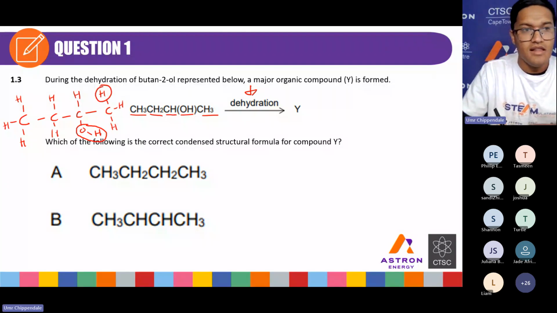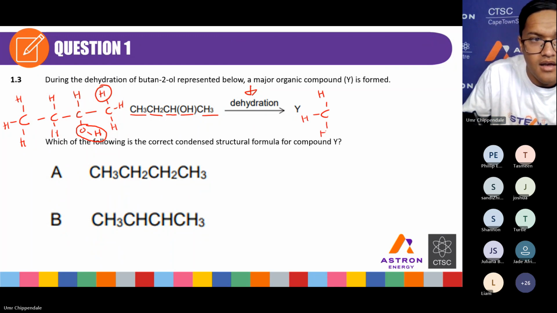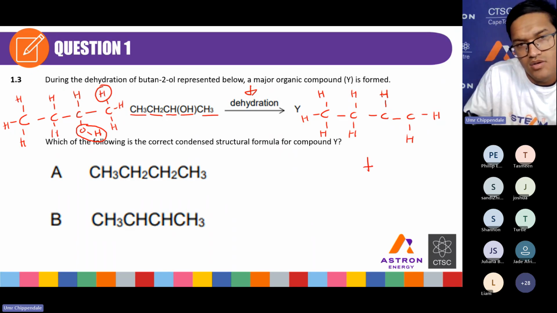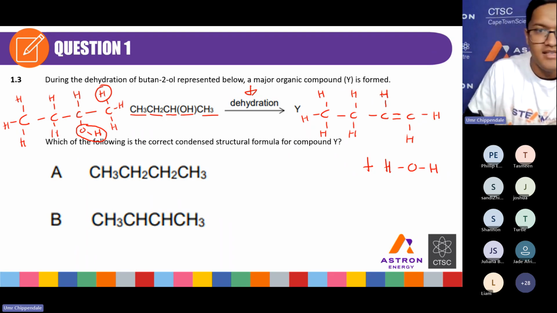I'll write it on the right-hand side, like we had at the start, with our C and its 2 H's, then our C with its H, then this C, that H, that H. I took the water molecule away, so HOH is the other product. Now both of these carbons only have 3 bonds, so we make the double bond there to satisfy the number of bonds for carbon. So this is actually molecule Y.